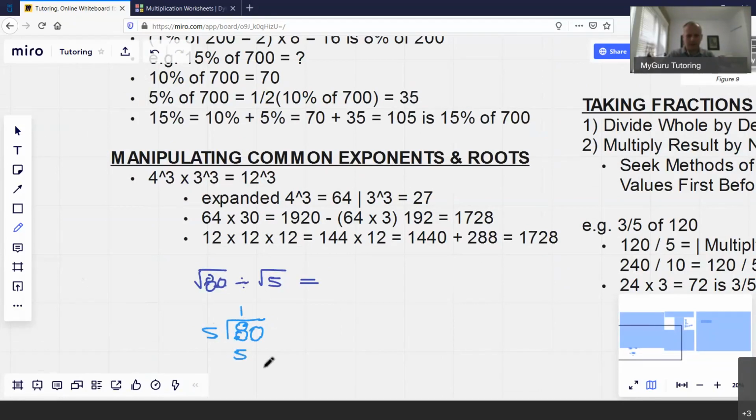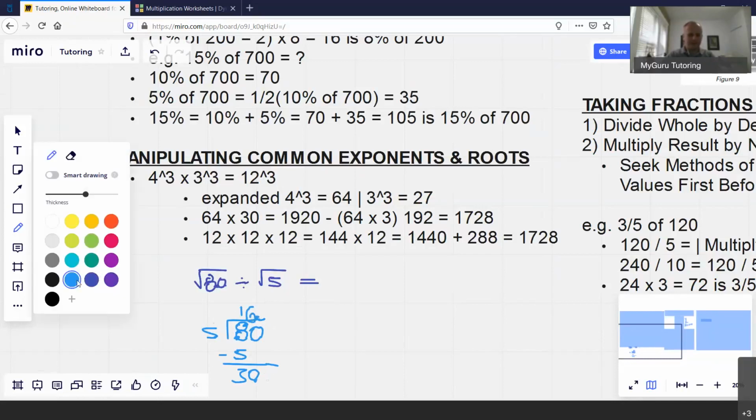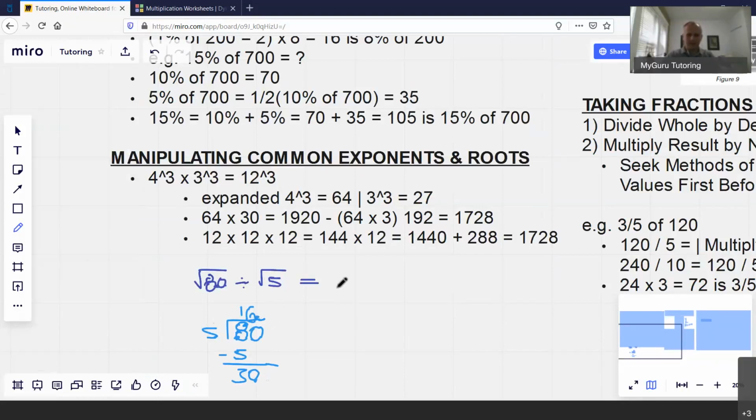Subtract out your 5. 5 goes into 30 6 times. So our answer to 80 divided by 5 is going to be the root of 16, which, of course, as a perfect square, is equal to 4.